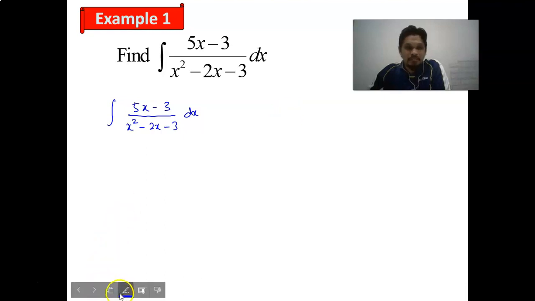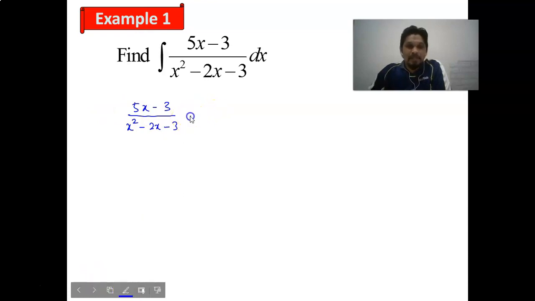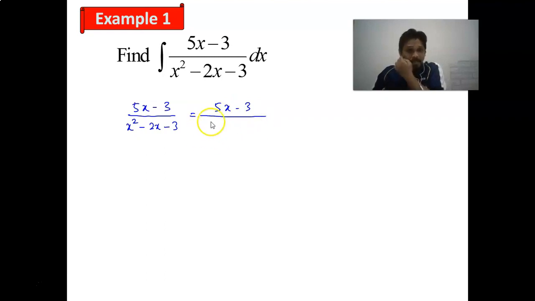Let's see, what if I take this out first? Okay, so then, what about this? It is 5x minus 3 divided by, can you think of something?